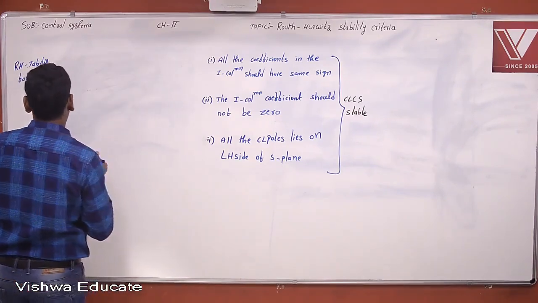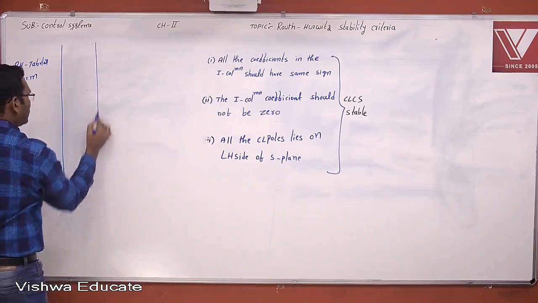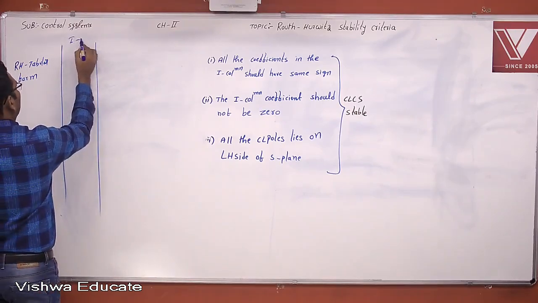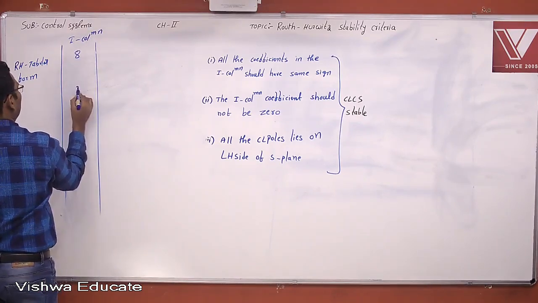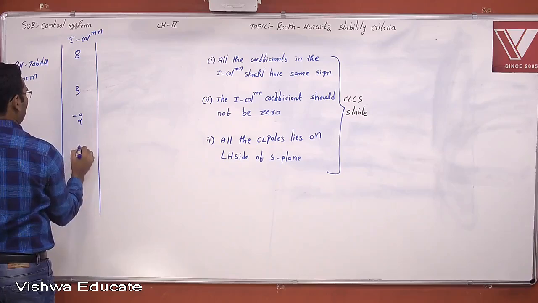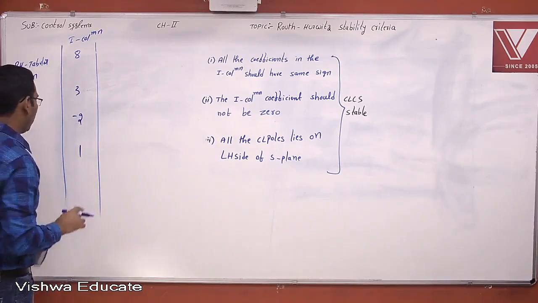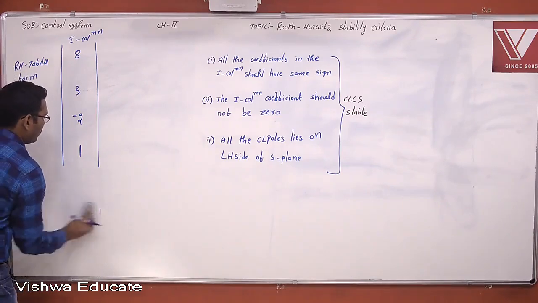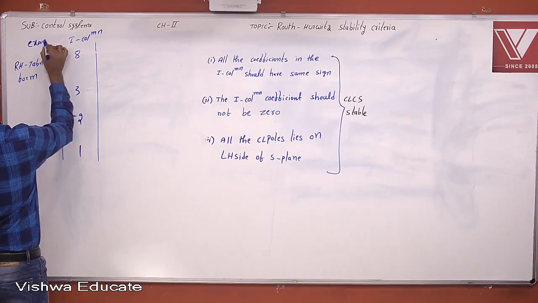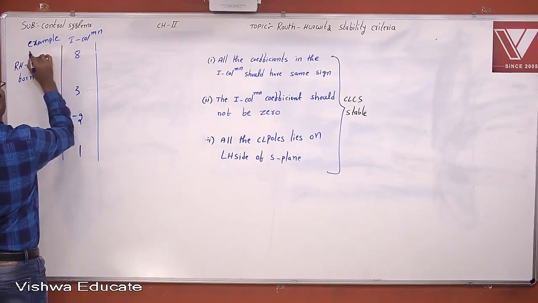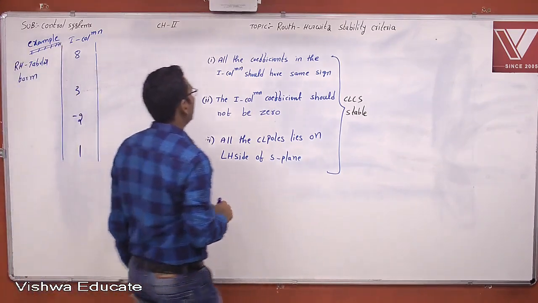Now let us take in the Routh Hurwitz tabular form that the first column is like this, just for example. If the first column is like this, what happened now in the first column?